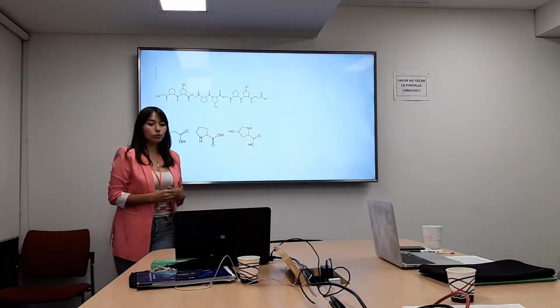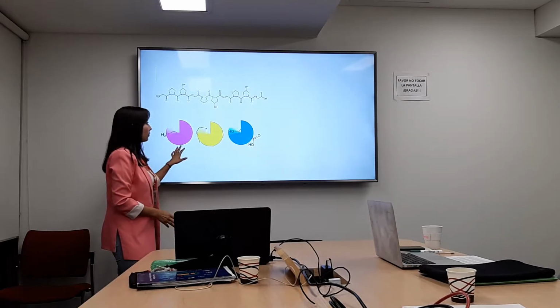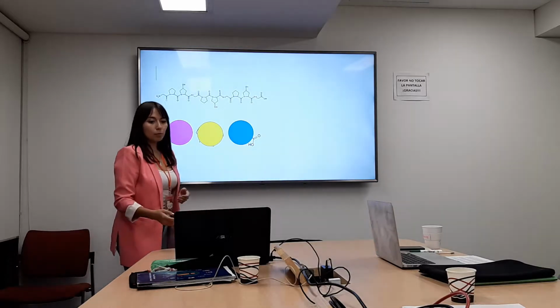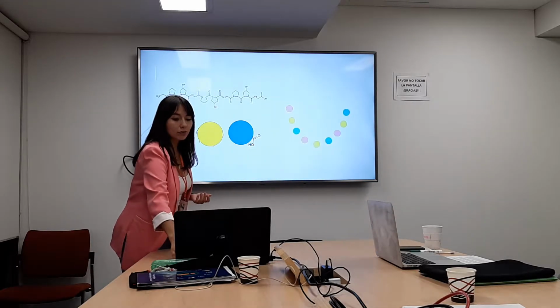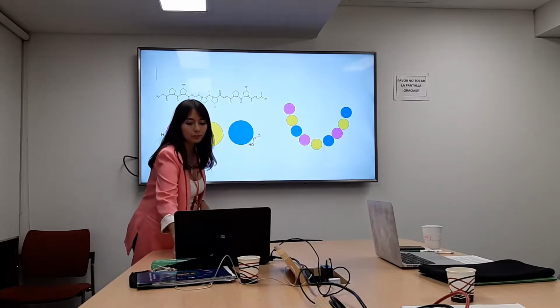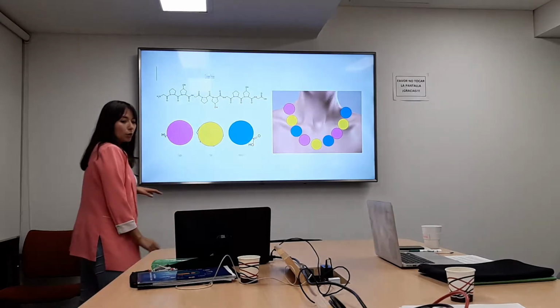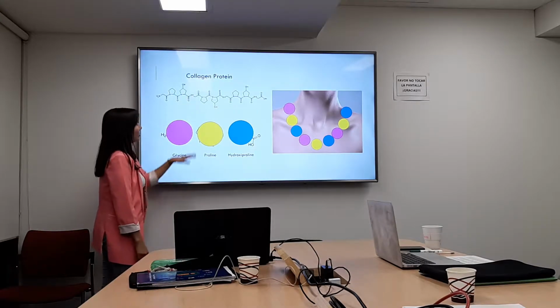To clarify, you can visualize amino acids as colored pearls as follows. In that way, a protein will be a necklace in which the colors repeat, something like this. In this specific case, this protein is called collagen.